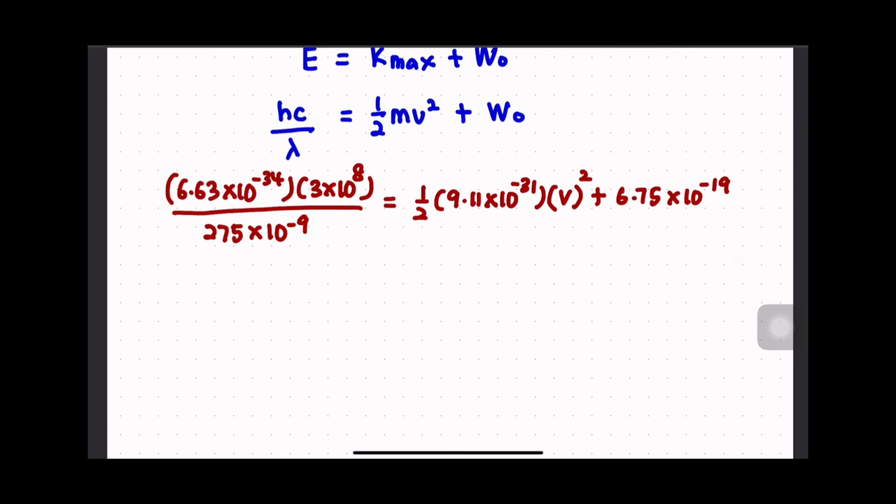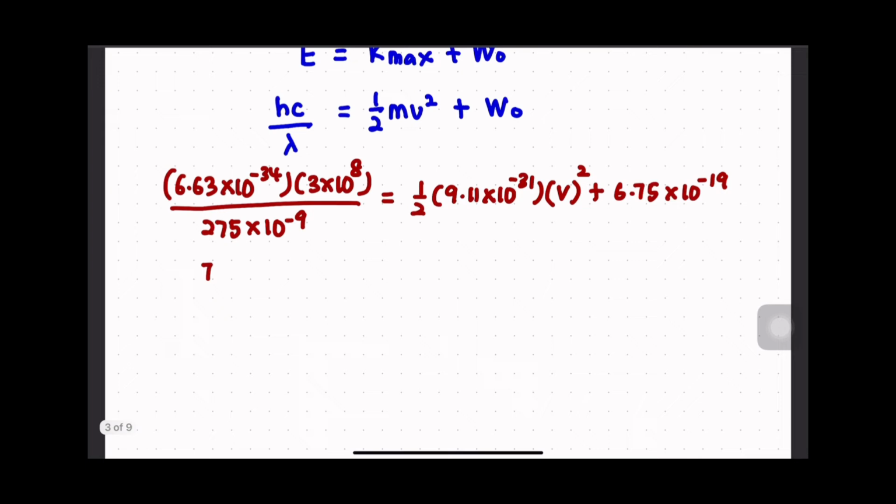How do we find v? If you feel it is complicated, you can calculate step by step. First calculate the energy of light: 6.63 times 10 to the power of negative 34 times 3 exponent 8, divided by 275 exponent negative 9. So you will get 7.23 times 10 to the power of negative 19.